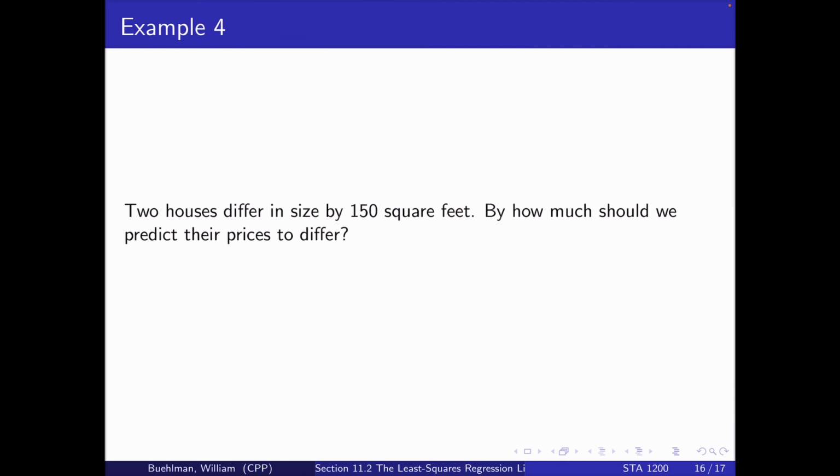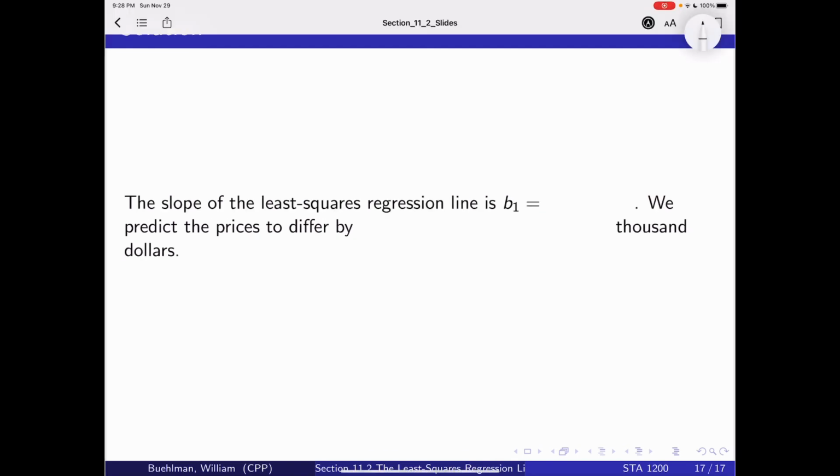Example 4. Two houses differ in size by 150 square feet. By how much should we predict their prices to differ? So we know how much they differ by. We already have the slope, so we can use this to guess about how much we think their predicted prices should be different by. The slope of the least squares regression line b1 was 0.0992.